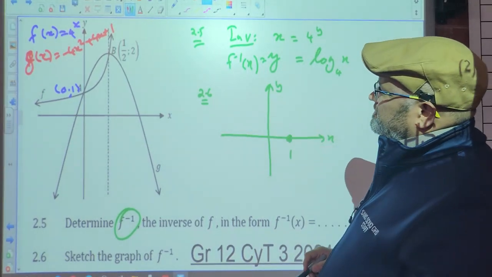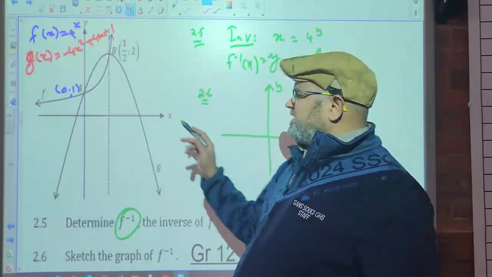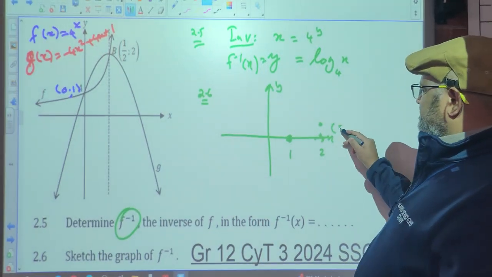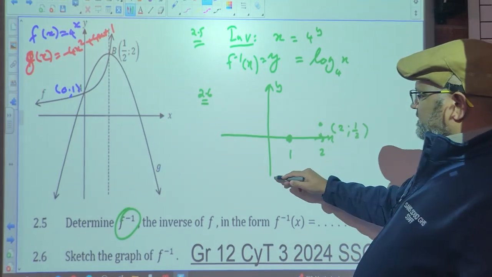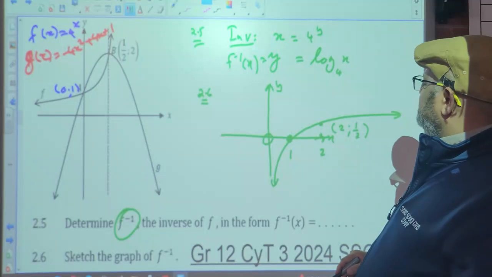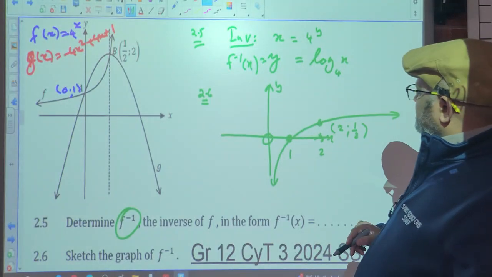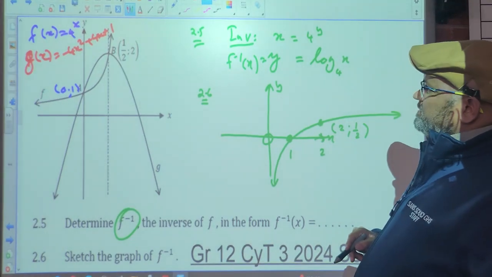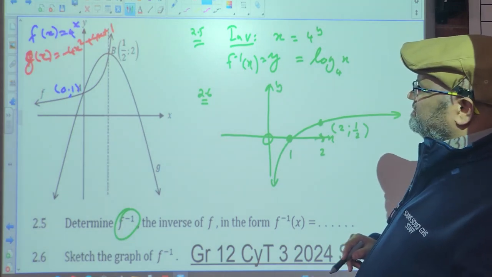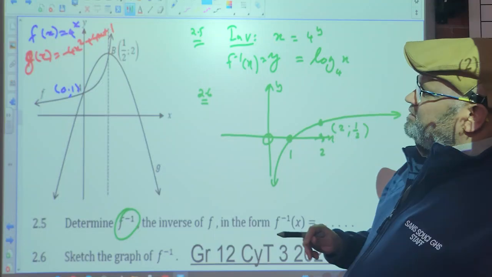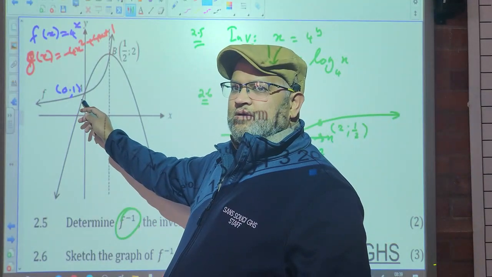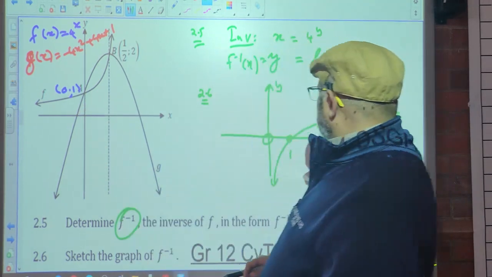This is a half and 2, it becomes 2. So it's 4 and 1. According to the graph, on the inverse graph it is 4 and 1.